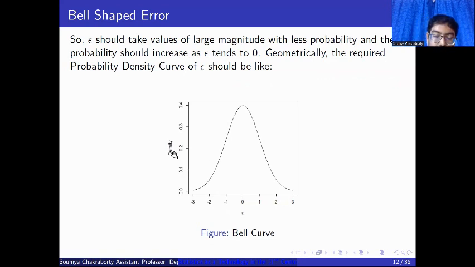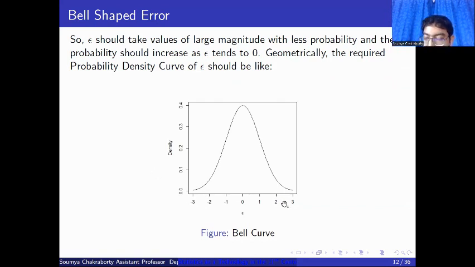So I have used this term density, and I am not going to illustrate it because it's a technical, rather a mathematical term. But density means the chance or the probability of taking a value in a very small strip, in a very small region.